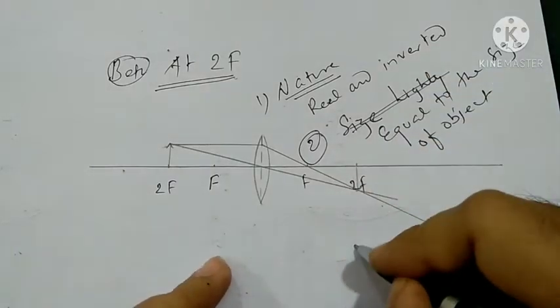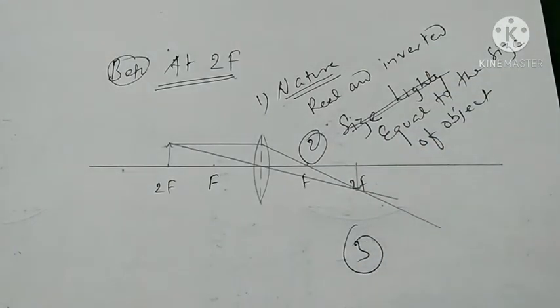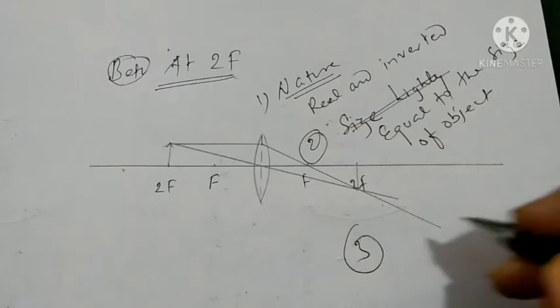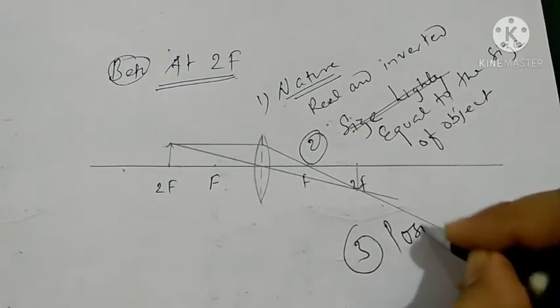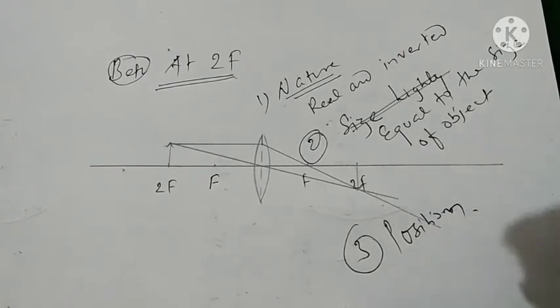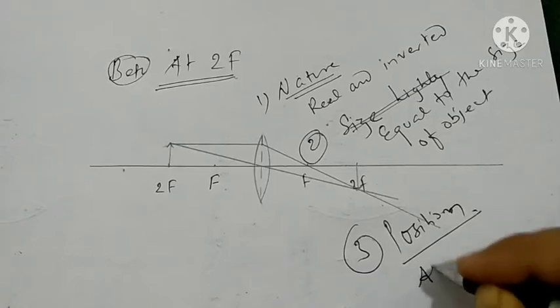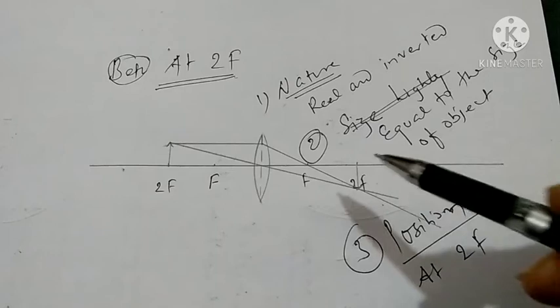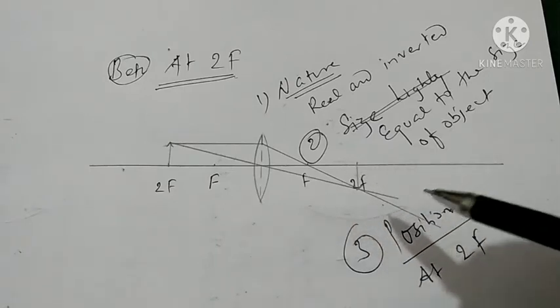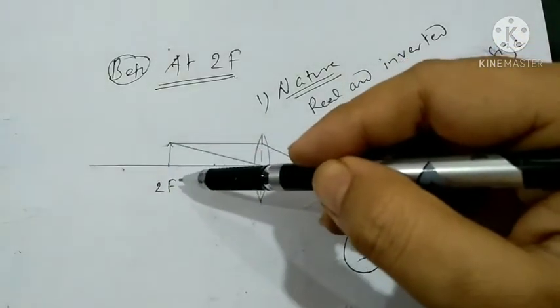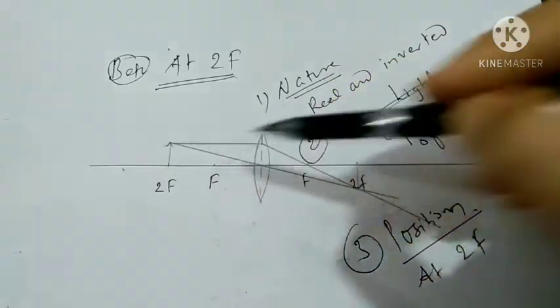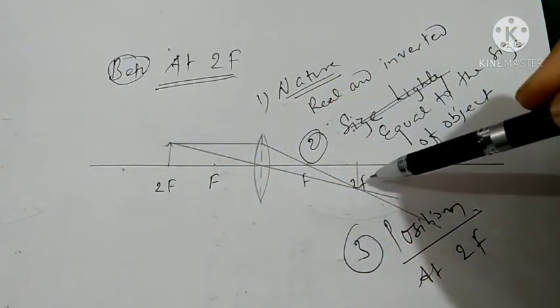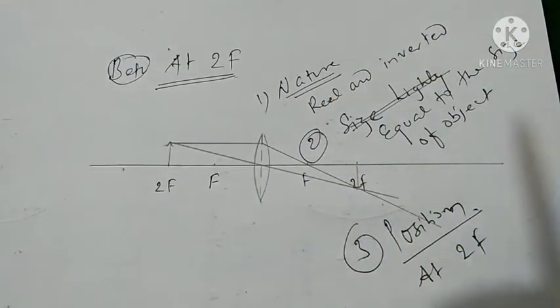Number 3, position. So what is the position? Image is formed at 2f. This is the most difficult ray diagram, so you need to practice a lot. When the object is at 2f, the image is formed at 2f. So practice this a lot.